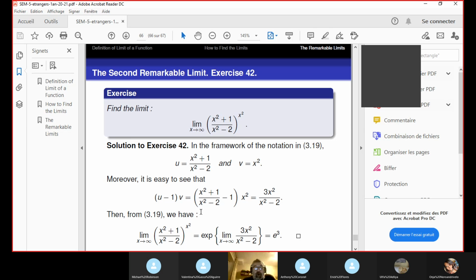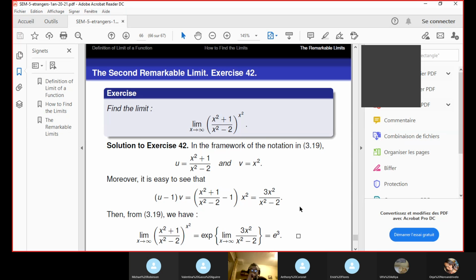So this product is (x squared plus 1 over x squared minus 2 minus 1) multiplied by x squared, and this gives 3x squared over x squared minus 2.